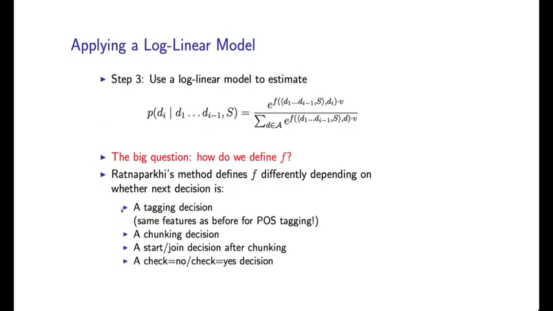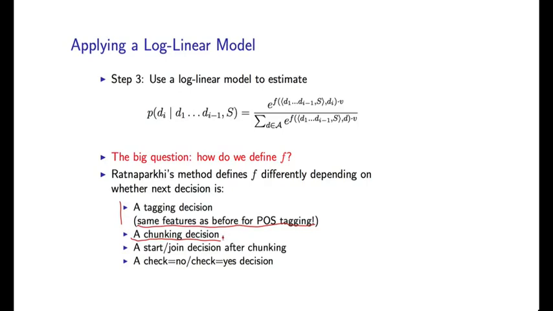Very briefly, for the tagging decisions, he used exactly the same features as we've seen before for part of speech tagging. So he basically used exactly the same approach as for the part of speech tagging case. For the chunking decisions, he used very, very similar features, which again considered the word being chunked, spelling features of the word being chunked, the previous word, the next word, the previous two chunking decisions, and so on.